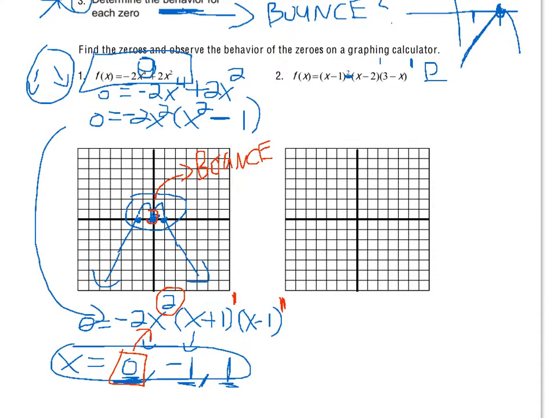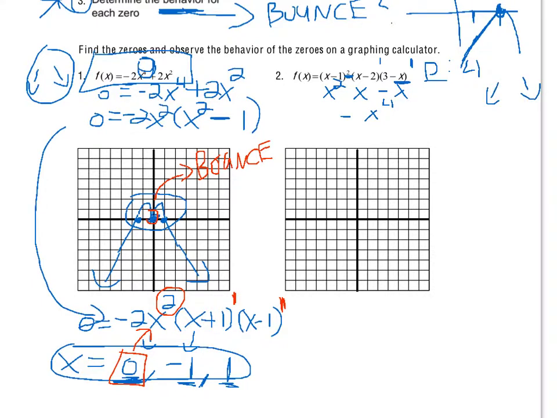So if I add the 2, the 1, and the 1, the degree is 4. Now the leading coefficient: this is going to give me an x squared. This just gives me an x. This negative, raised to the first, is negative x. When you multiply all these, it gives you negative x to the 4th. So it's going to look like number 1, like an upside down parabola. So that's our end behavior. That takes a little bit of work.